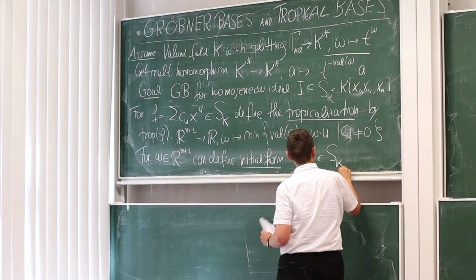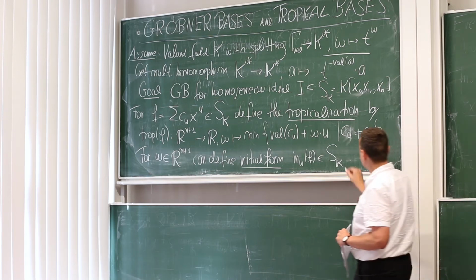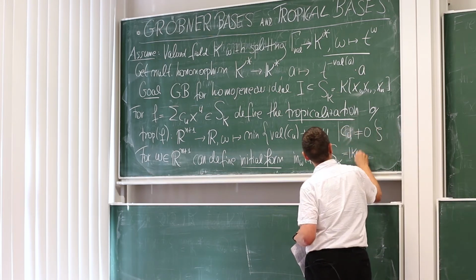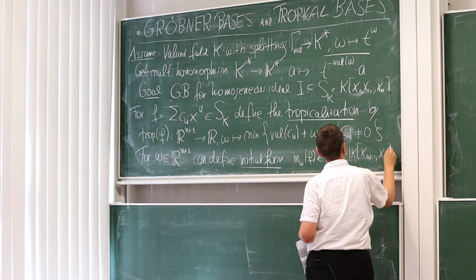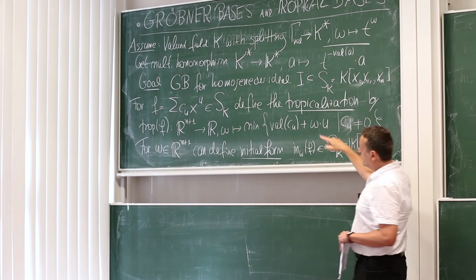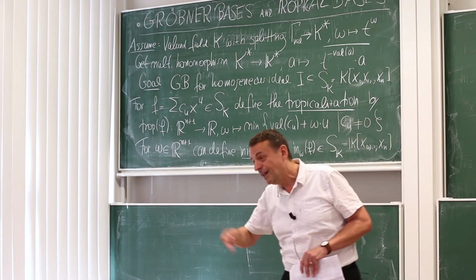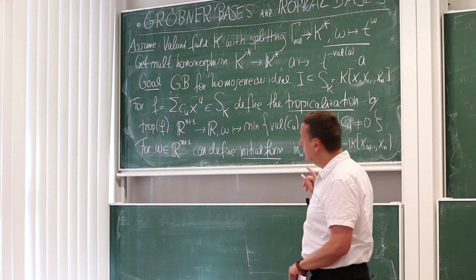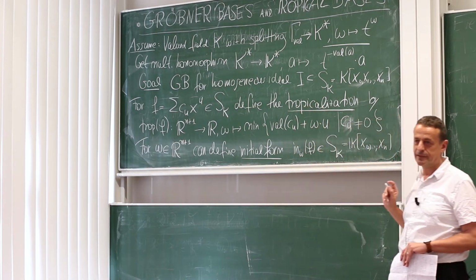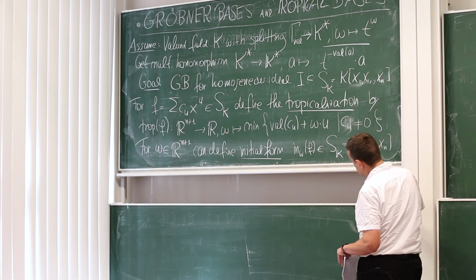And this initial form is in the polynomial ring over little k in n plus 1 variables, x0 up to xn. Now I wrote can define, I didn't give you the definition, and I will not give you the definition because you can read it in the book. I'm going to give you a simpler definition that's good enough. But it can be defined, though it's a little bit technical.